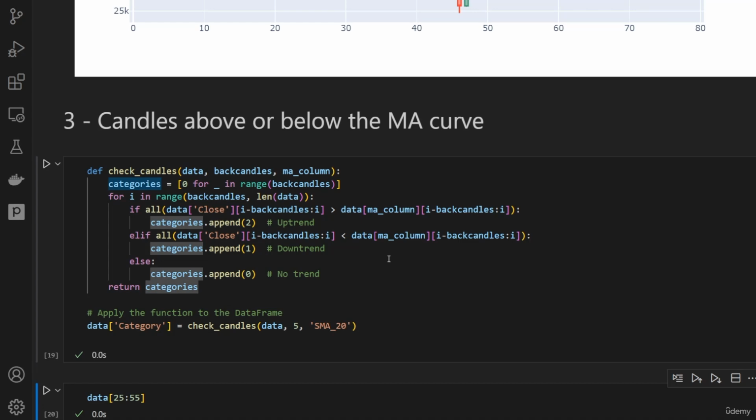Some methods, some approaches, work in some situations, and other methods provide better results in different situations. This is why we need to try with different parameters, different SMA lengths. I usually also use the EMA, the exponential moving average, instead of the simple moving average. You might want to try this one as well.